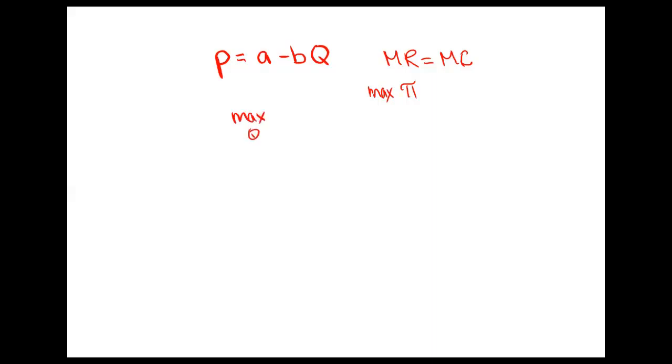All right, so we'll write that out. So we want to maximize profit. All right, so what is profit? Well, profit, if we just want to think in words, is revenue minus costs. Okay, so what is our revenue here? We have price times quantity.